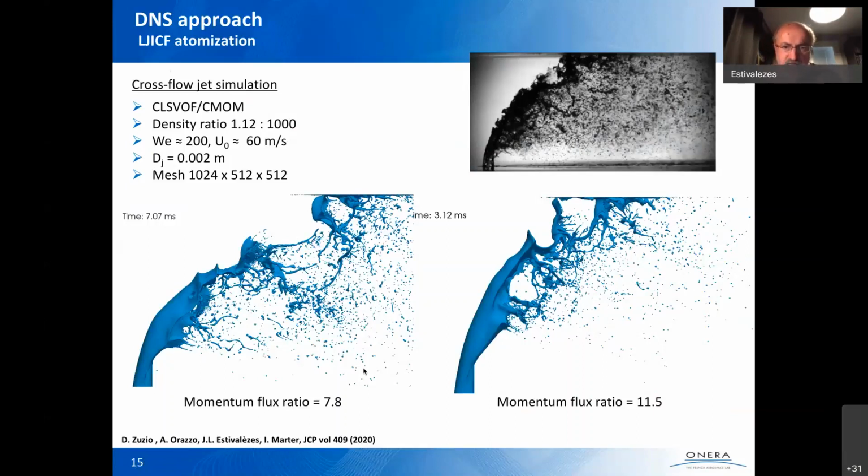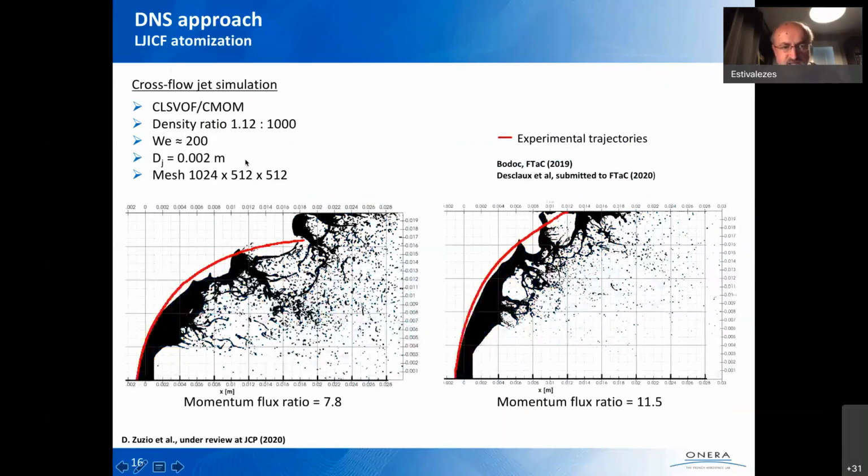So as you increase this flux, that means that there is more energy in the liquid part than in the gas one. So you have two snapshots of the simulation with the code, and here you have a comparison of experiment and the numerics.